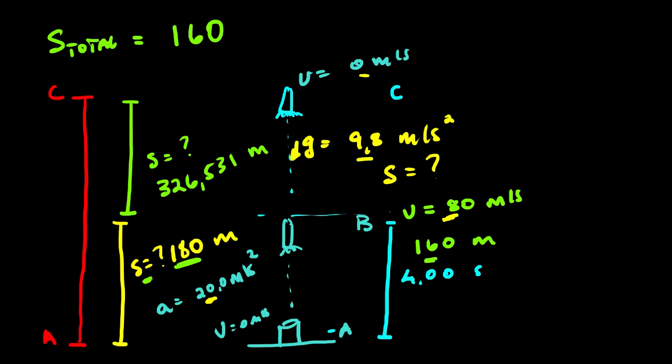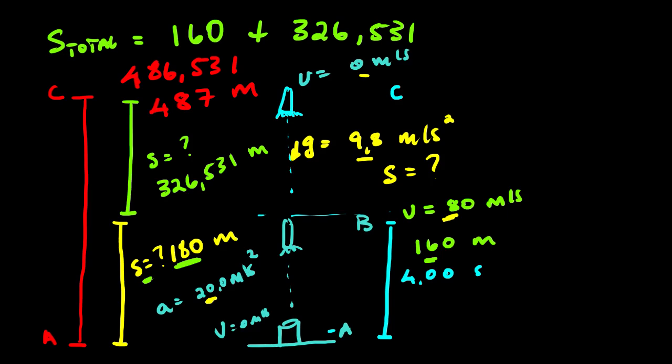It's actually 160. It's a mistake. Plus the one we've just calculated, 326.531. We get our answer as 486.531. When we round off to the nearest whole number, we have 487 meters.